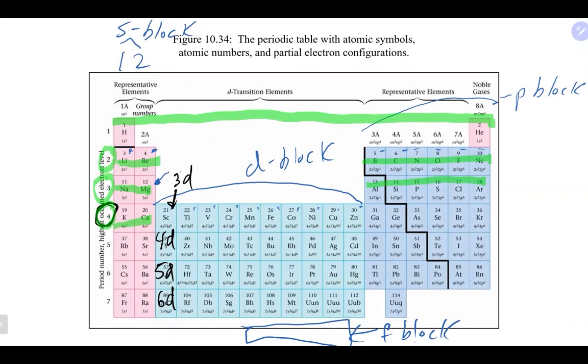But if you pay attention and understand that, we could go down to the nickel we just did. So we had our 1s2, 2s2, 2p6, 3s2, 3p6, 4s2. And at this point, you could go 3D 1, 2, 3, 4, 5, 6, 7, and 8, and just count out the boxes to get your electron configuration. Any questions on that?